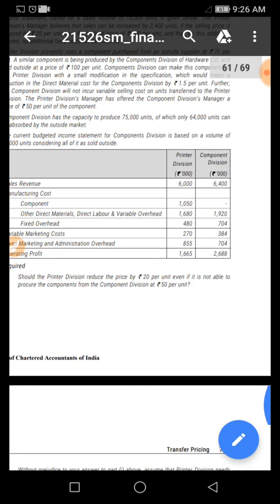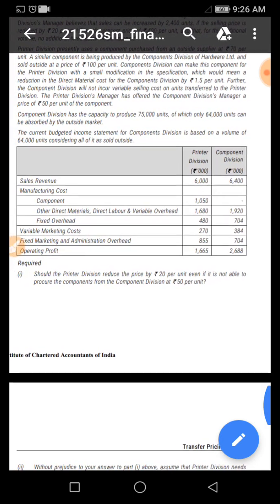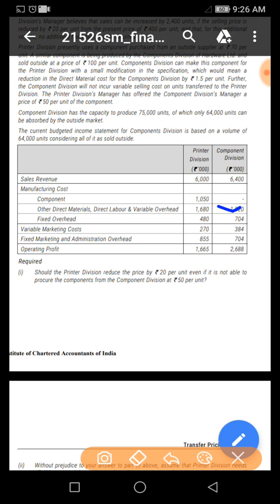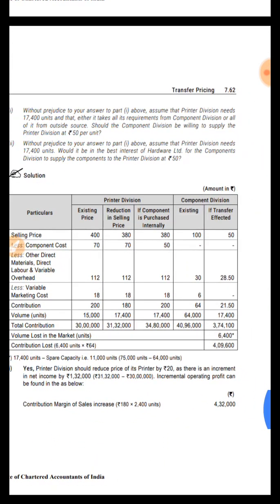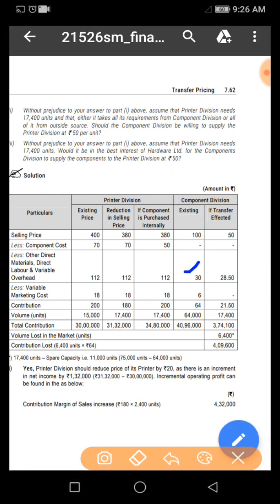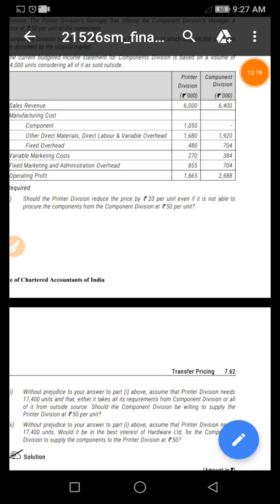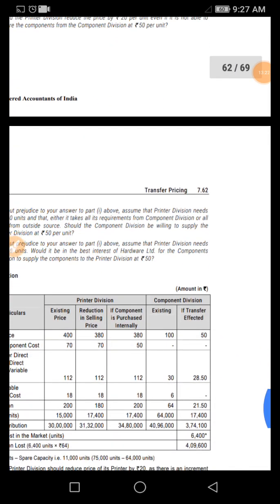Then direct labor: 19 lakh 20,000 divided by 64,000, you will get 30 rupees.